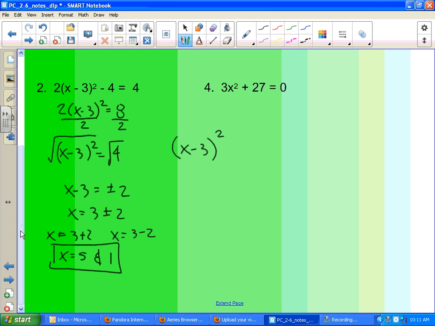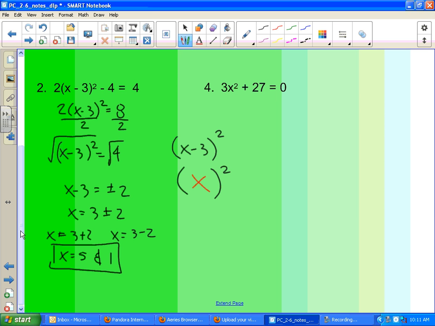You think of this as like the square root of x. The binomial, the x minus 3, is like my giant x here. And so I can take a square root of this and end up with just what's on the inside.